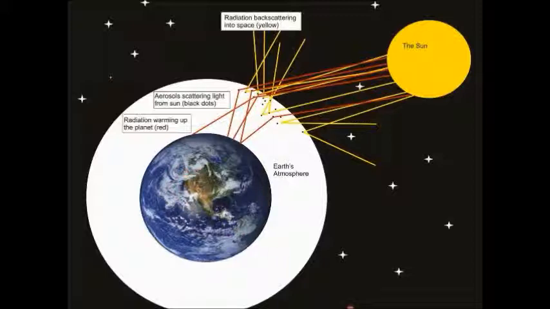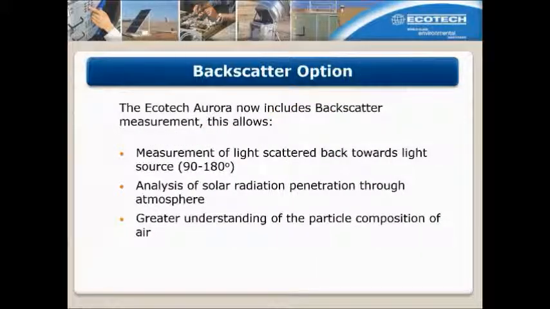That's part of why you need to know whether the particles do more backscatter or more forward scatter. So the Aurora 2000 has a backscatter option, and you can measure the scattered light toward the backscattering hemisphere and the forward scattering to help answer these questions.